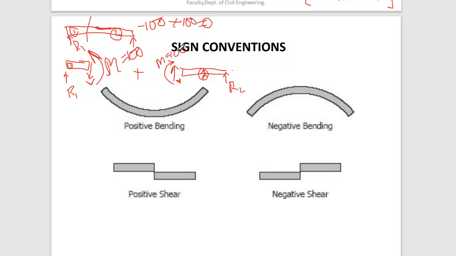The summation of all the forces on a section must be 0 if the section is in equilibrium. If it is not, it is not in equilibrium, so it becomes indeterminate. It has some redundancy.